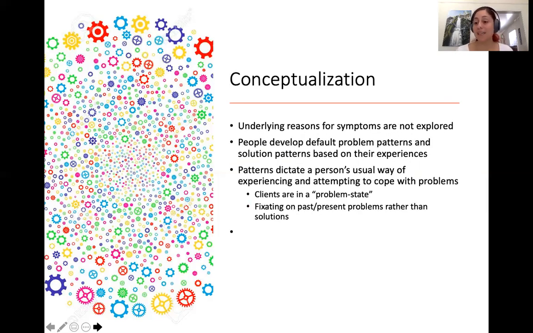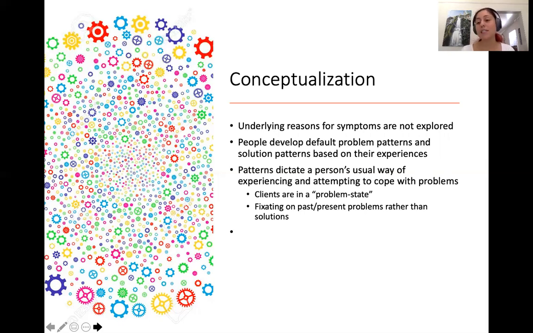How are symptoms conceptualized? Well, remember that underlying reasons for maladaptive thoughts and behaviors are not usually explored in this approach. In general, solution-focused therapists believe that people develop default problem patterns based on their experiences, as well as default solution patterns. So always doing the same thing, even though it doesn't work, and being frustrated that it doesn't work.